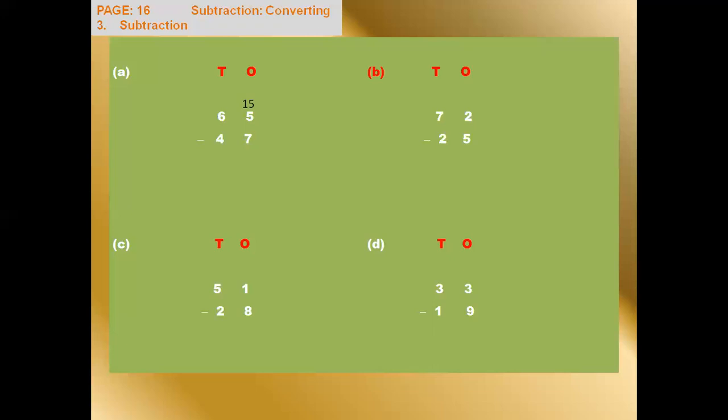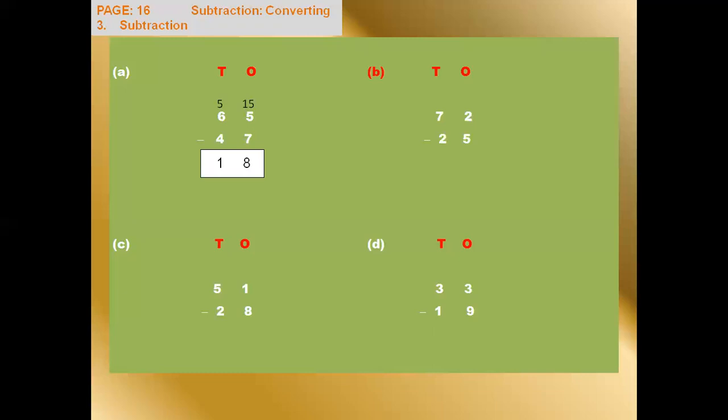will become 15, and then we can subtract 7 from 15. When I take 1 from 6, 6 will become 5. Okay, so again I remind you, first we subtract the numbers under the ones.